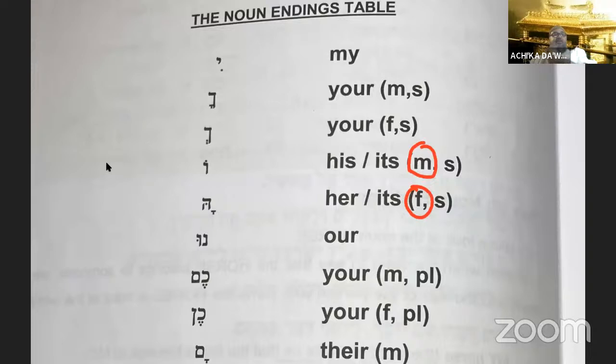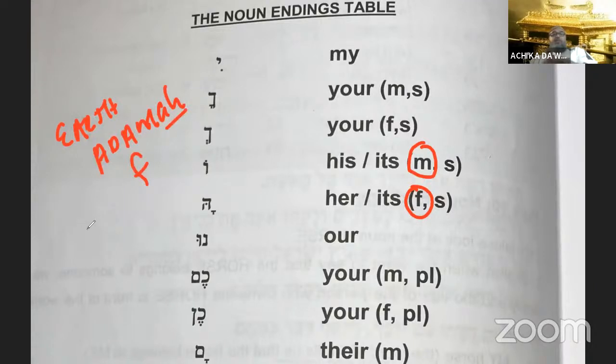Okay. If you think about masculinity, when you think about the earth, right? She's called what? She's called Adama. That A on the end makes her feminine. When you have the word Aretz, it deals with the land, that's feminine. You see?